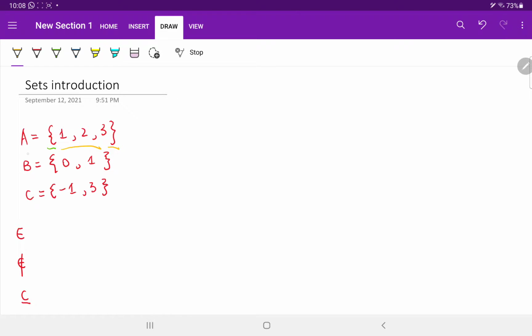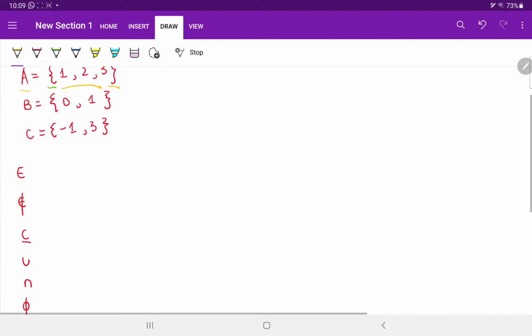So you see in set A, there's 1, 2, and 3. We would call 1, 2, 3 elements of set A, right? In the B example, there's 0 and 1 in the set B. So we could say that 0 and 1 are elements of set B. In the C example, there's -1 and 3. So we would say that -1 and 3 are elements of set C.